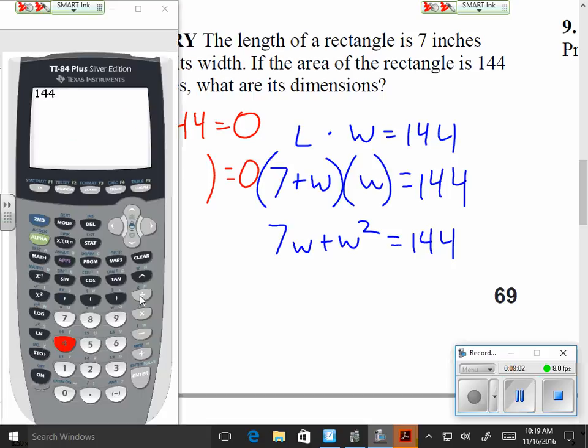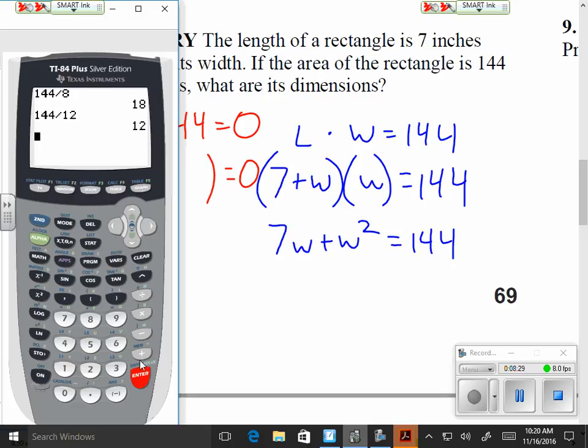144 is divisible by, I need two numbers that are 7 apart. Let's see if it's divisible by 8. 8 and 18, those are 10 apart, so that's too many. Let's see if it's divisible by 12.